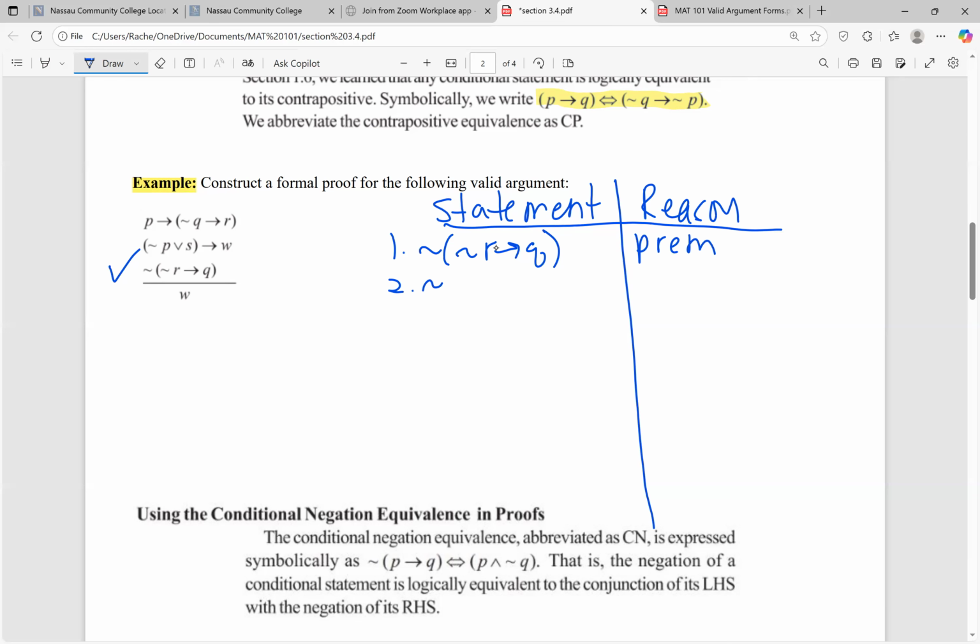Because what's equivalent to not R implies Q? Well, it's going to be not Q implies not not R, which is just R, right? So all I'm doing is using my contrapositive. So statement 2 is true because of the contrapositive equivalence on statement 1. We're going to use CP for contrapositive.